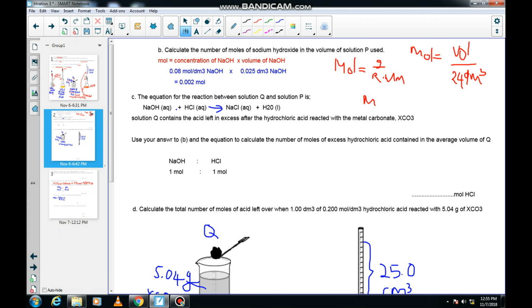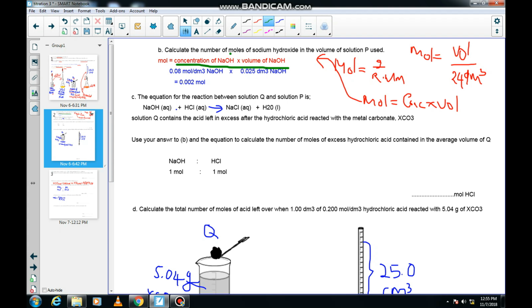And when you are dealing with solutions, the number of moles equals the concentration of the solution multiplied by the volume of the solution. Since we are dealing with solutions here, this is the formula that we will be working with. So moles equals the volume of the solution multiplied by the concentration of the solution.